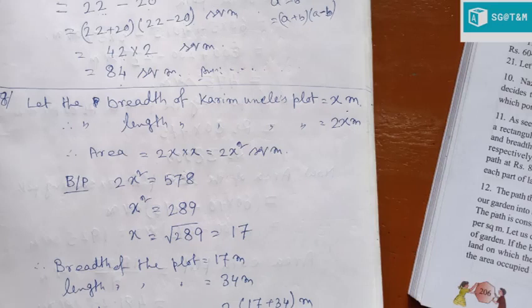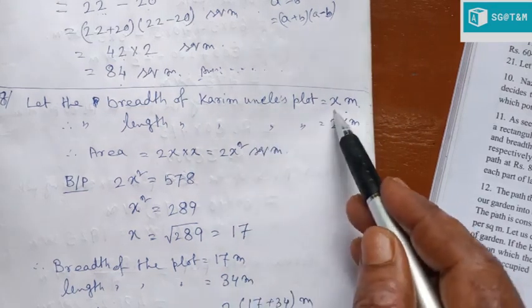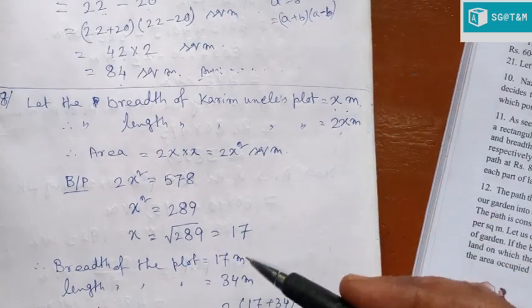So if the breadth is 2 meter, then the length will be 2 into 2, that is 4. If the breadth is 4 meter, then the length will be 4 into 2, that is 8. Now we say the breadth is x, so the length is 2x meter, as in the previous example.